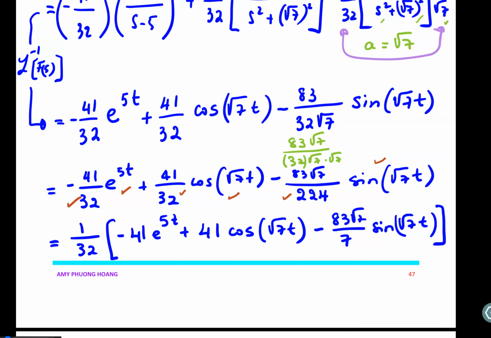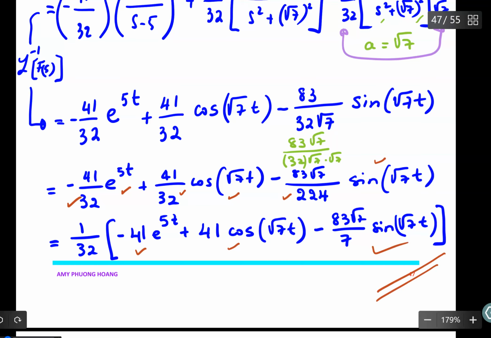If you factor out 1 over 32, you are left with negative 41 times e to the exponent 5t, plus 41 times cos of root 7t, and taking out 1 over 32, you should have 83 times root 7 over 7 times sine of root 7t in the brackets as the argument. Okay, and we are done. Thank you.